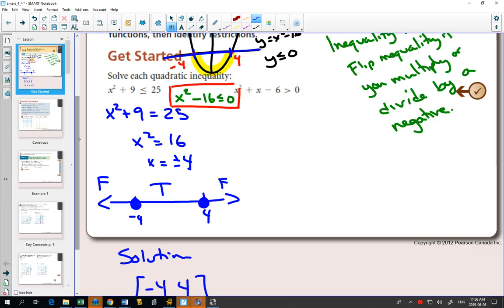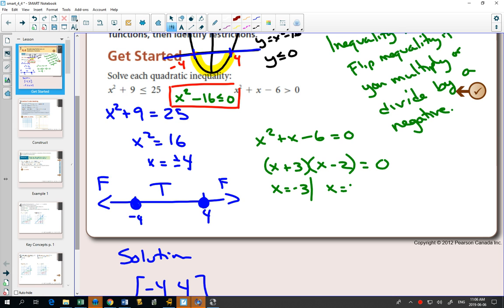Similarly, in the second example, which I'll do in green here, you can set it equal to 0. This one we can factor, and we find out that it's equal to 0 at -3 and 2.